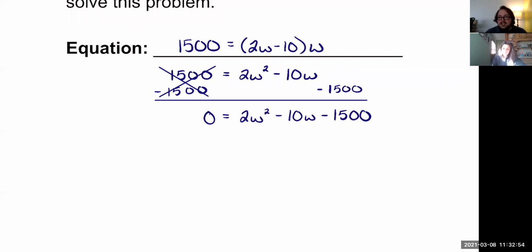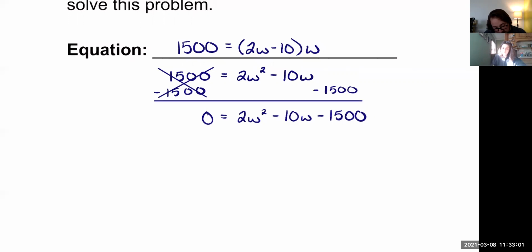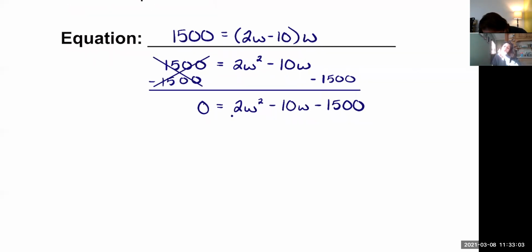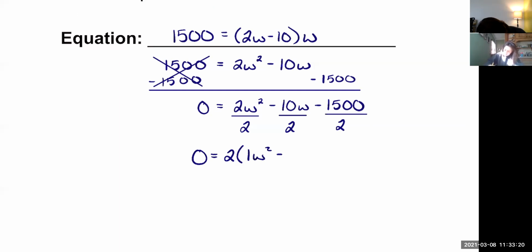Next thing I want to do is factor. Anytime we're factoring, what do we check for first? I think there is one. They're all even, so I can divide them all by 2. So I'll have 0 equals 2, and then in parentheses, we'll have 1W squared minus 5W minus, what's that? 750.